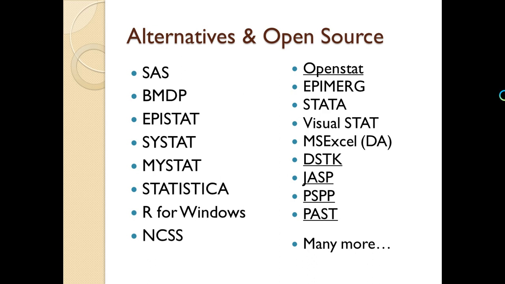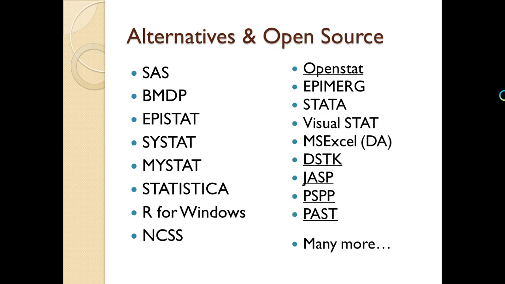But any student who is much interested in knowing more about data analytics, big data analytics, data mining, will be interested in knowing more about these softwares because these are all used in big data analytics. BMDP is very popular in medical research. Epistat is used in epidemiology, for example, how a pandemic like coronavirus is spreading across the world. So they would use softwares like Epistat.